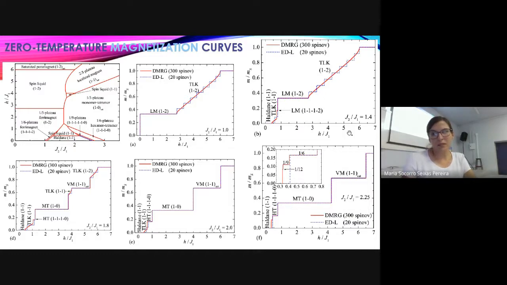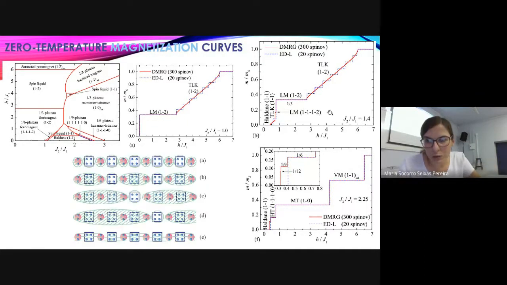For example, if J2 over J1 equals 1.5, one can find in the magnetization curve the Haldane phase, then Tomonaga-Luttinger spin liquid, then two plateaus, 1/6 and 1/3 plateau, corresponding to the Lieb-Mattis ferrimagnetic state, in which every second or every first square plaquette was substituted by total spin 2.